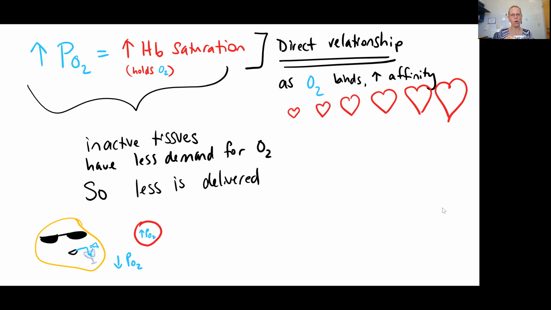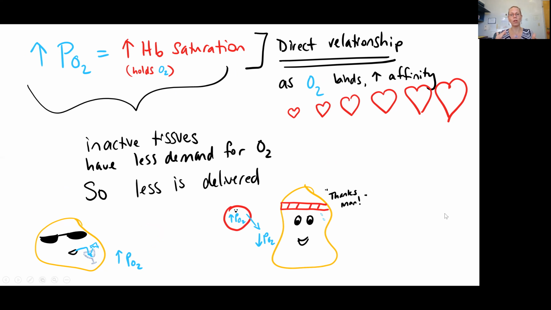This is really good because then as that blood moves along to tissues that are active, you have a smaller partial pressure of oxygen by those active tissues. So of course your oxygen is going to go from a high to a low partial pressure. So hemoglobin is releasing it to those active tissues.